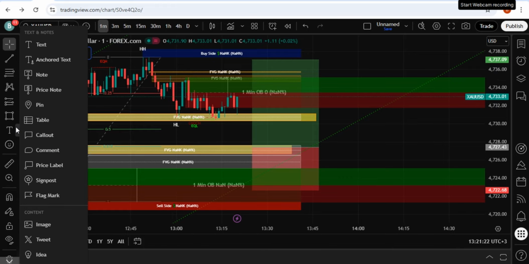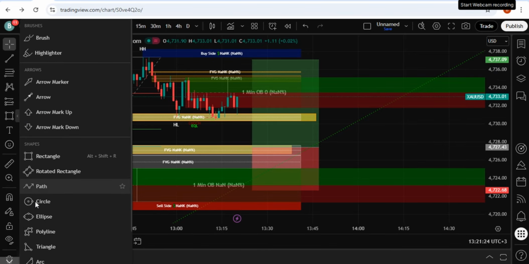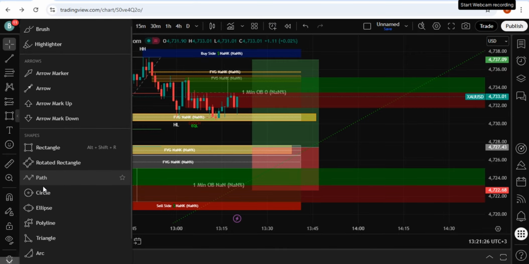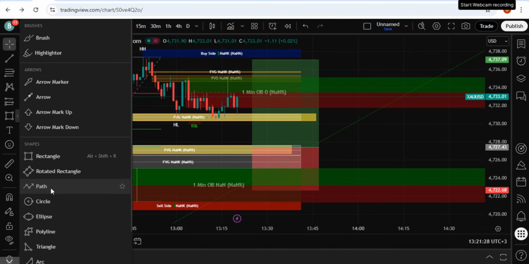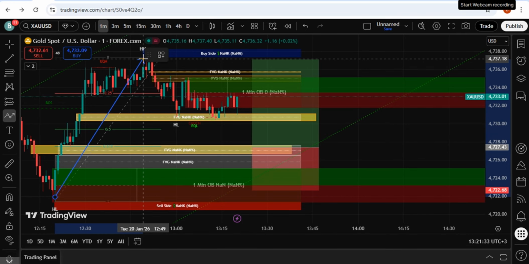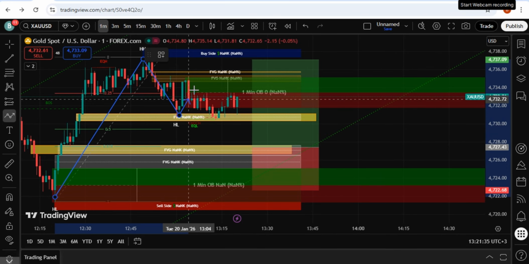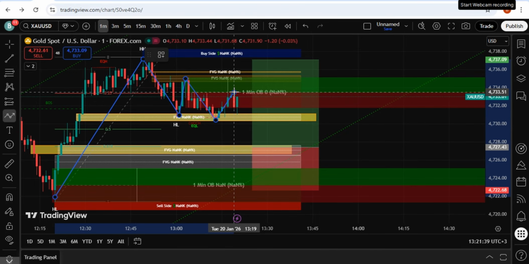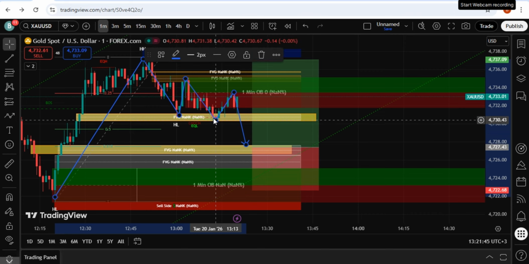If the market will go like this, let me use this. If the market decides to go this way, you can see the way the market is trending. If it breaks and goes in this direction, it means there will be an inversion FVG that will form here.